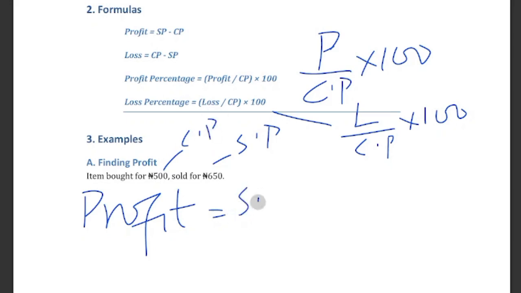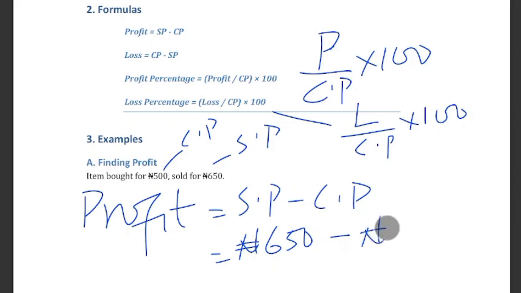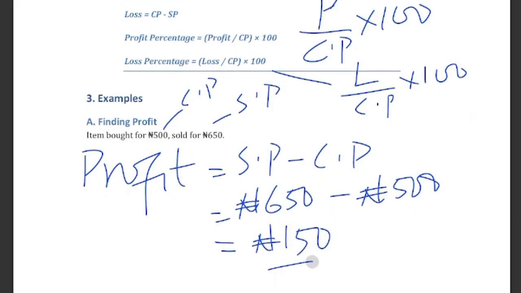That is SP minus CP, so that is 650 naira minus 500 naira. I hope I'm making sense. So this gives you 150 naira. I hope this is very clear, right? Okay, that's good.